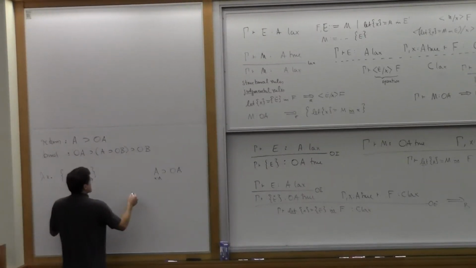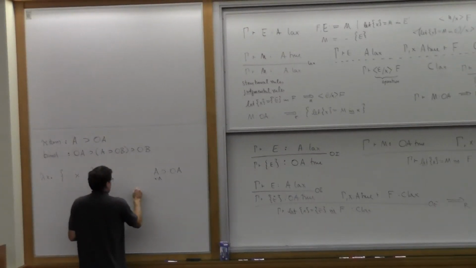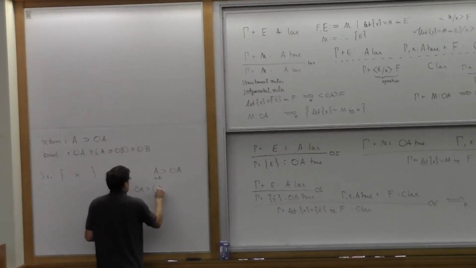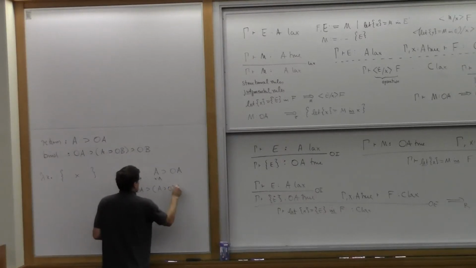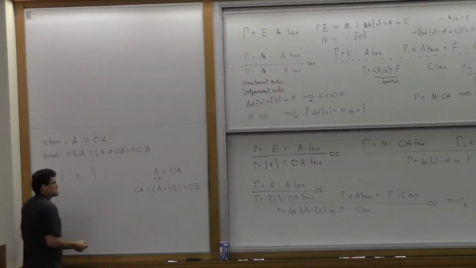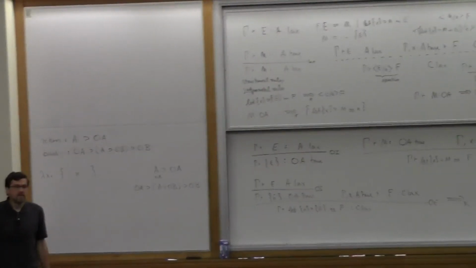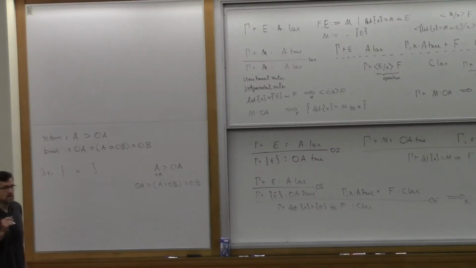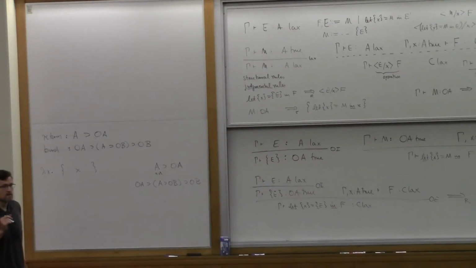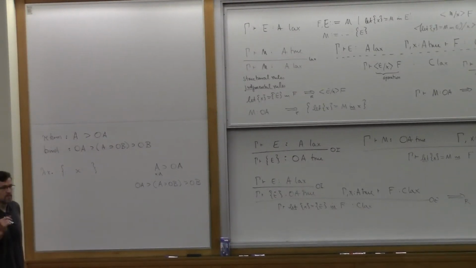So the next thing is, how do we prove that circle A implies (A implies circle B) implies circle B? Okay. So how do we start? Yep. So what do the curly braces mean? It's not a test. I'm wondering what the curly braces mean.